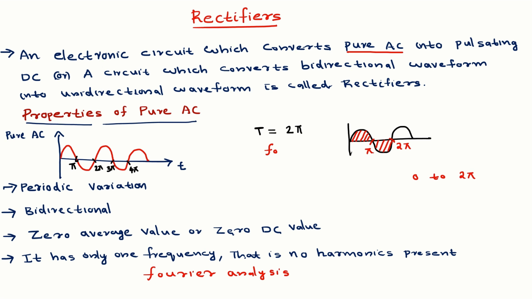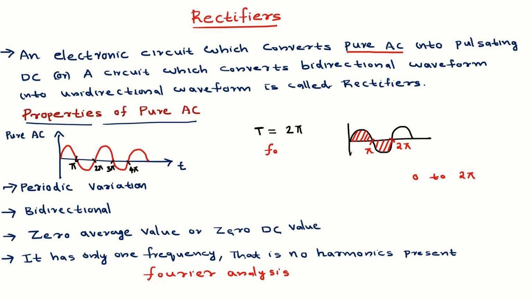I am not going to explain Fourier analysis, but remember that to find the frequency components of a signal, we can use Fourier analysis. There is Fourier series and also Fourier transform. So to find what frequency components are present in a given signal, we use Fourier analysis.